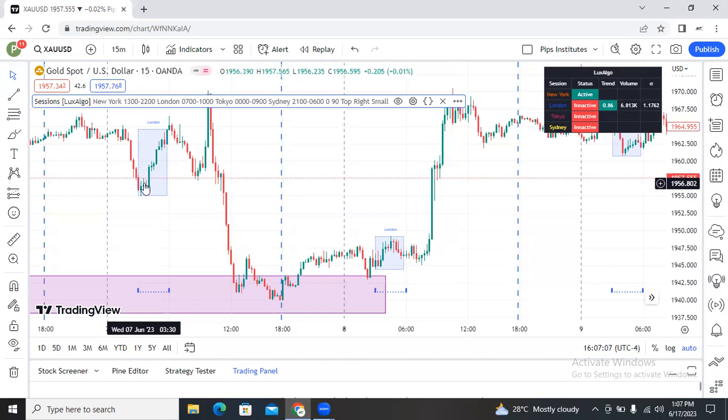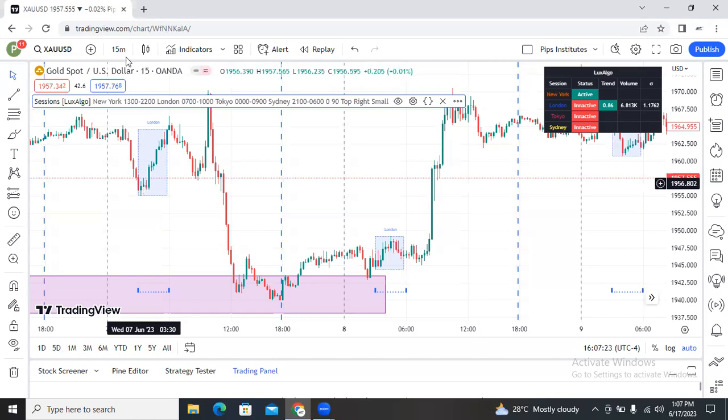They both mean the same thing. Some might use the terminology market structure shift or change of character. Once you see a change of character on your lower time frame, you know that you are already at the low of that day.